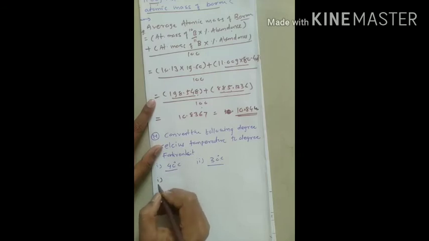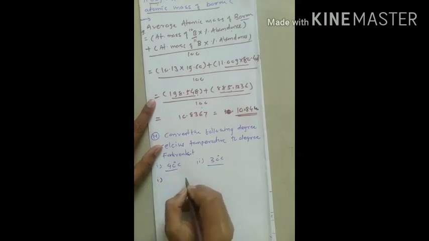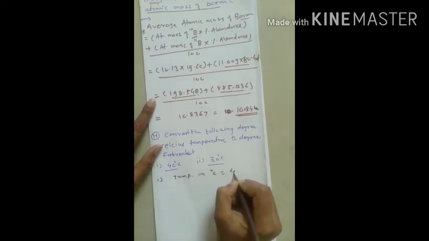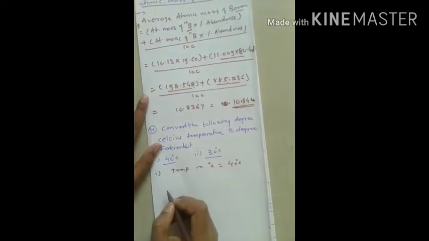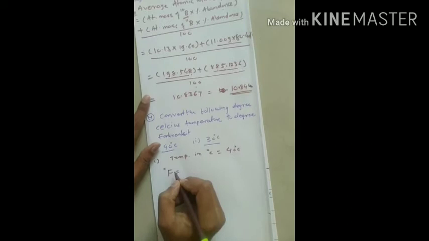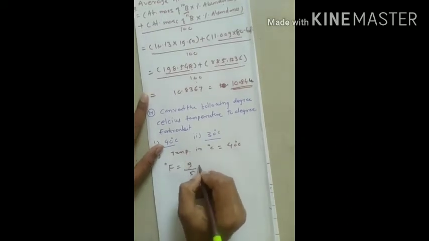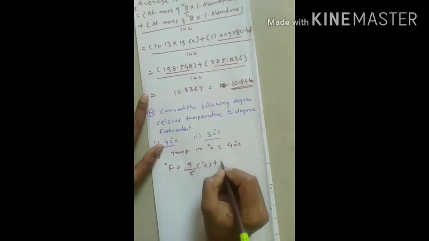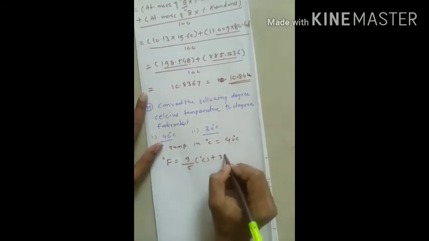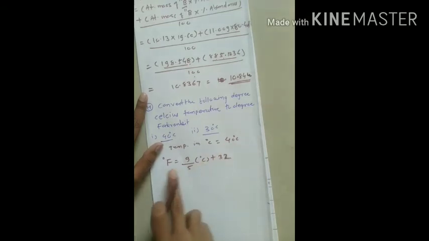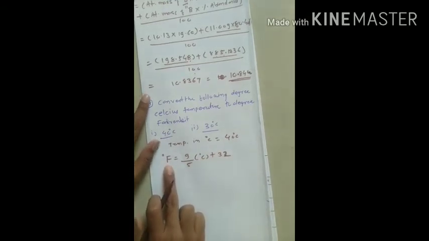For the first one, temperature in degree centigrade is given as 40 degree centigrade. In order to calculate temperature in Fahrenheit, we use this formula: degree Fahrenheit equals 9/5 into degree centigrade plus 32. We just have to put the value of degree centigrade in this formula, and you will get the answer in degree Fahrenheit.